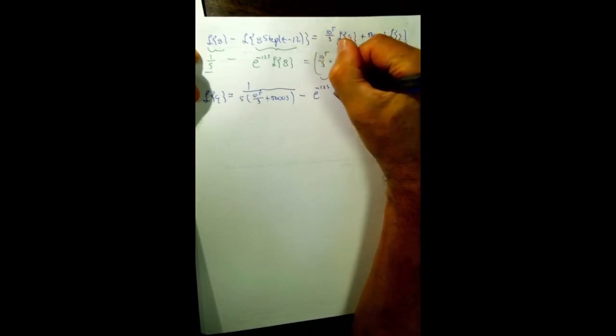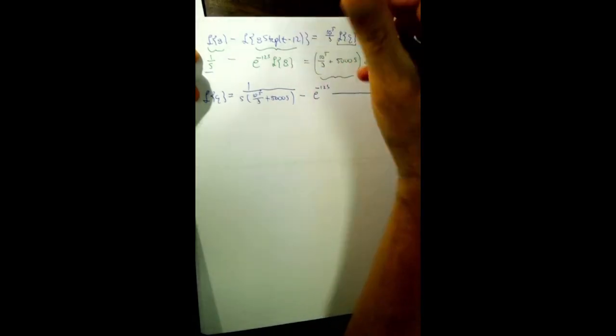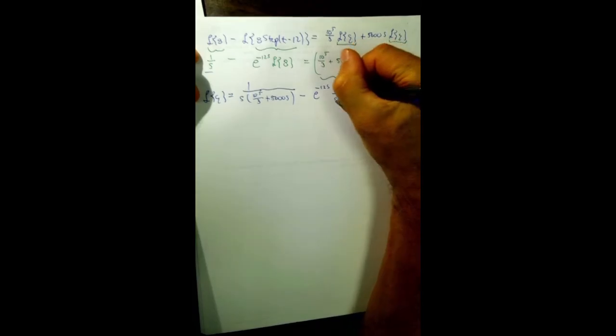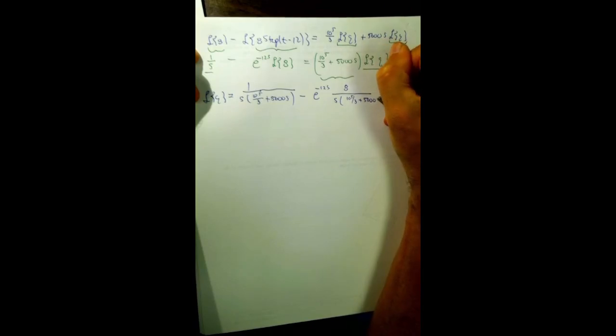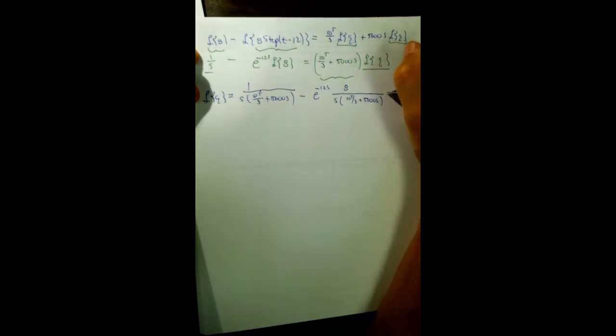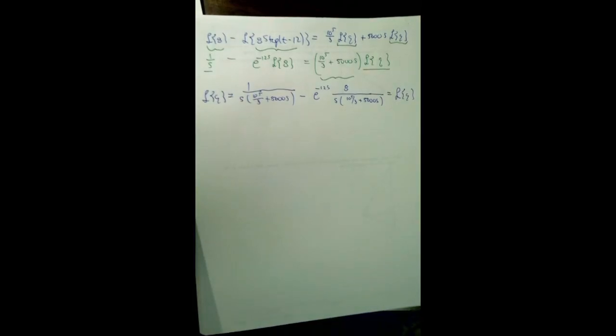So that comes from that term. This term, I'm going to have e to the minus 12s. Laplace transform of 8 is going to be 8 over s. Then I'm going to have to divide by 10 to the 5th over 3 plus 5,000 s, all equal to the Laplace transform of q. All right, and I already have that there.